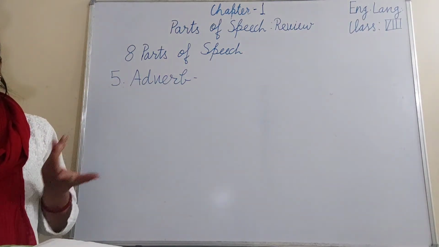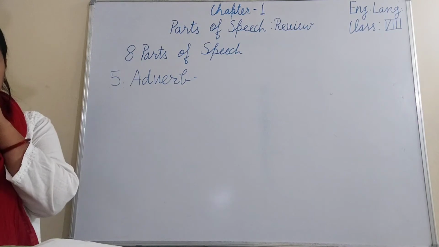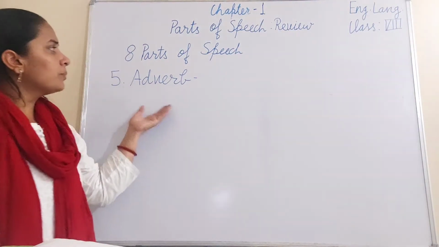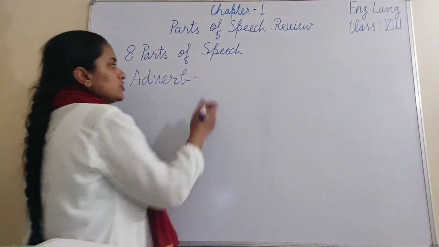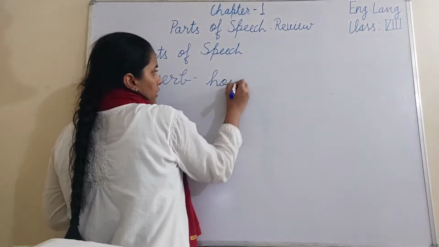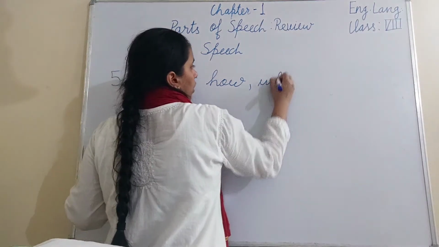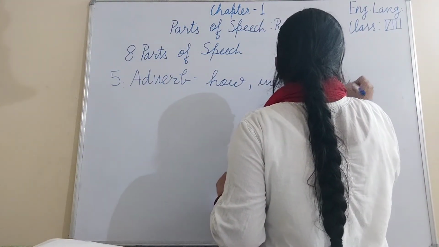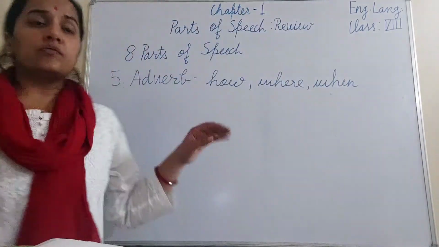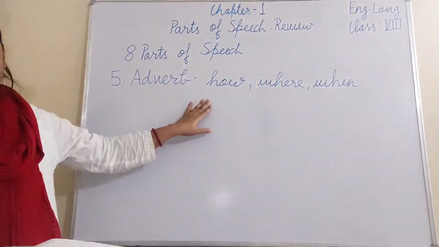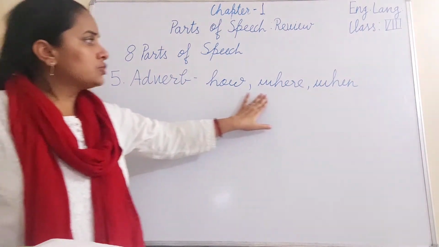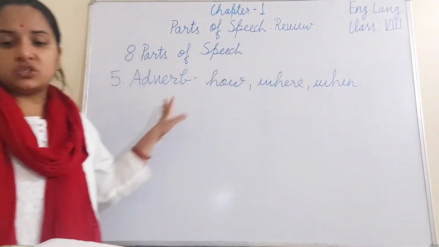For example, what can be the words? What kind of information does the adverb give? It may give you the answer for how, where, when. These are not the words which we can use as the adverb, but the adverb can provide you the information in the form of these questions.